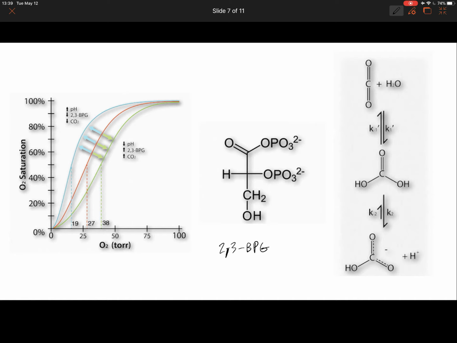Sorry, I should have said it first and then given you the abbreviation. This is a glycolysis intermediate as well that has some good effects. So we're going to come back to this molecule when we're talking about sugar metabolism down the line.